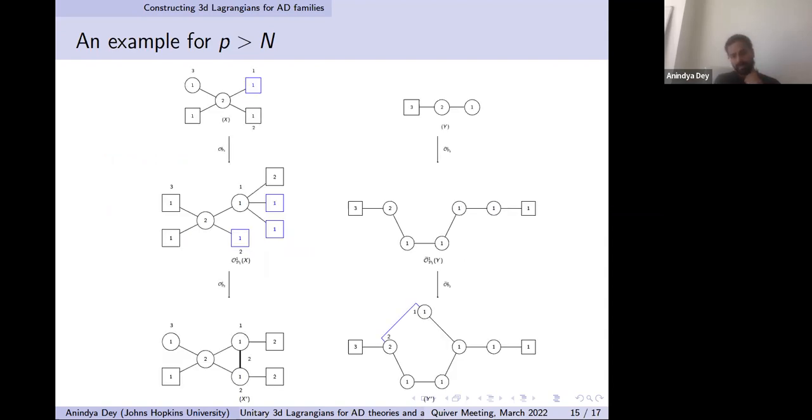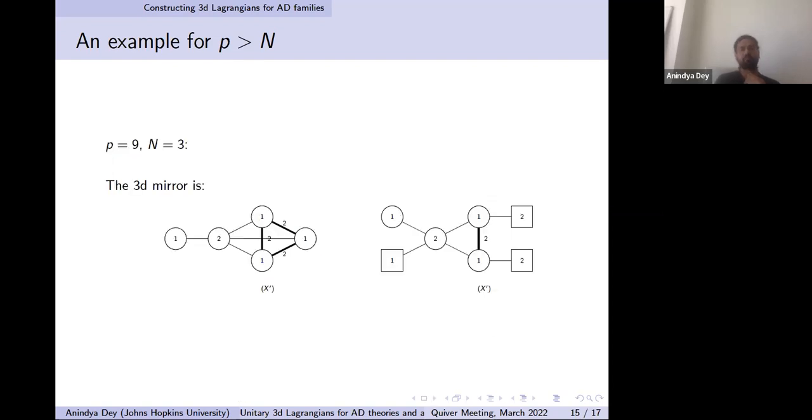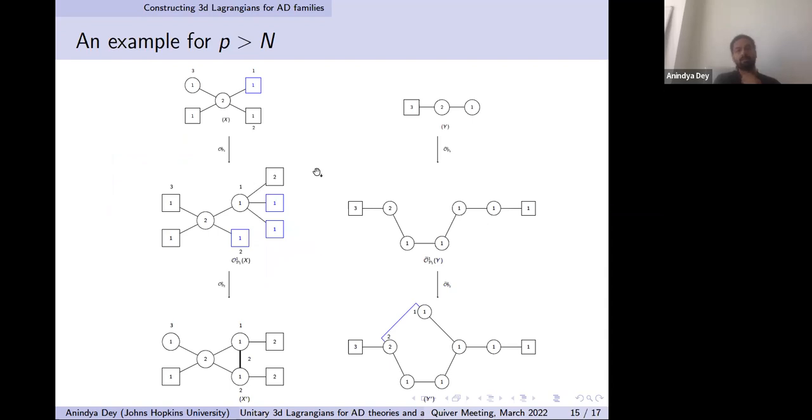Then again, can I compute the mirror of this? Yes, I can. So the starting point is the T[U(3)] theory, which is self-dual. I start with this U(1), I flavor it and gauge it. That produces this theory on one side, and the dual can be computed. So remember, it was a T[U(3)] theory, so the effect of the dual operation is just attaching this segment, this chain.